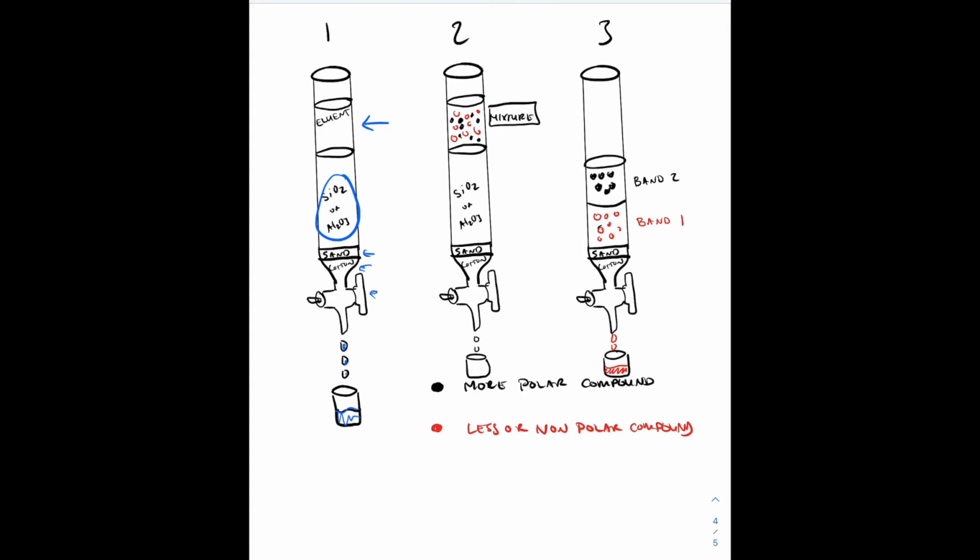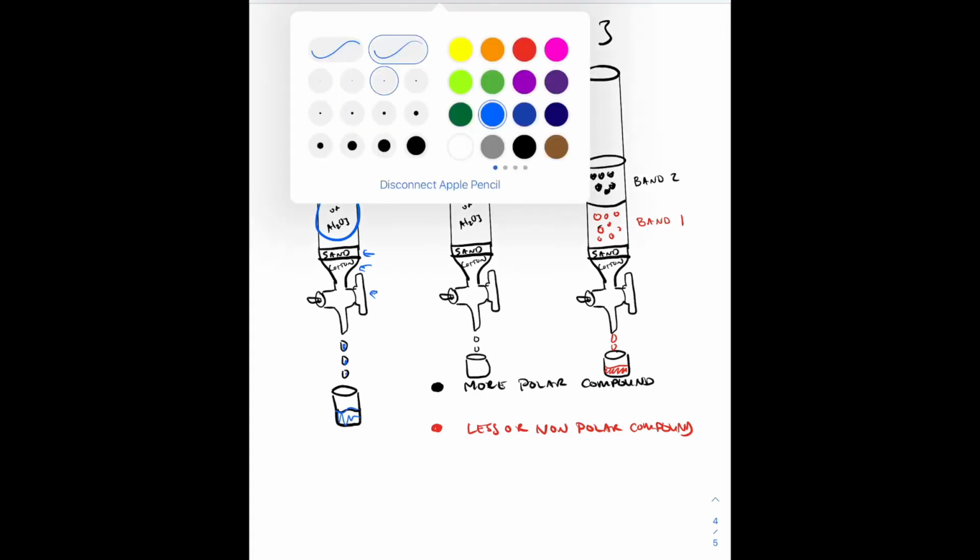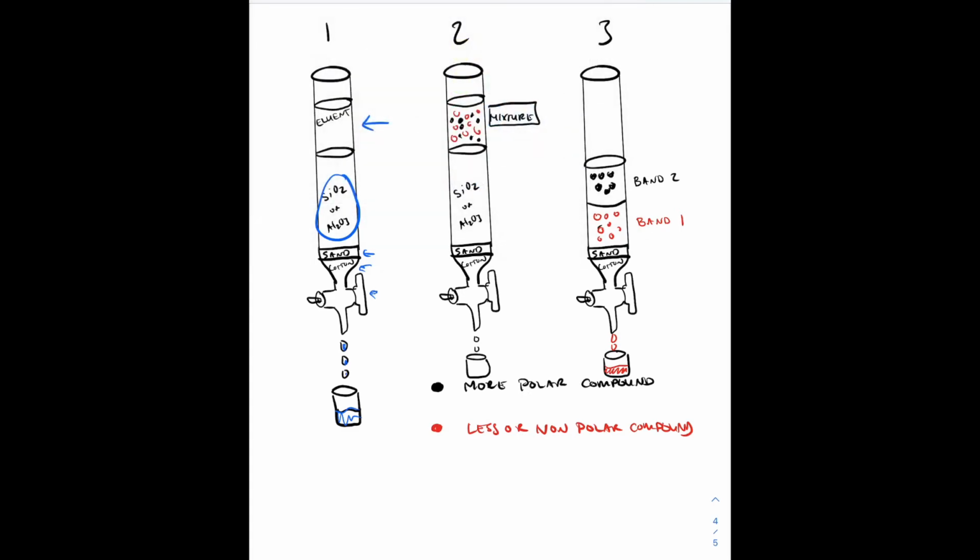And so step 2, what's going on here? Basically what we did was we add the mixture of organic materials in here, red and black dots, on top of that solid phase, that stationary phase.